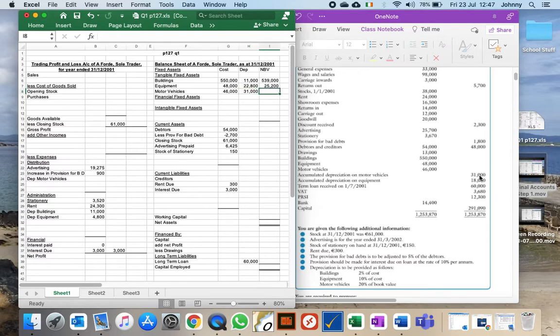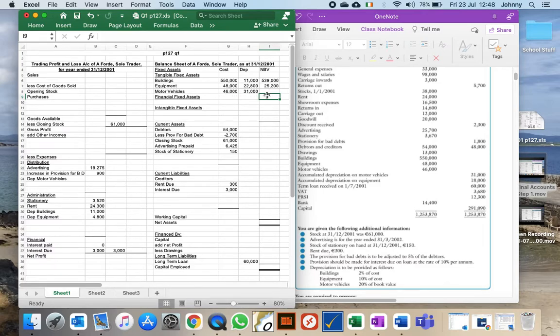Now, our depreciation on this is based on book value, so the depreciation expense is going to be not a percentage of what the thing costs, but the percentage of what the thing is worth at the end of this year, before we do our depreciation, okay? So, we've taken away 31 grand depreciation over all the years. We spent 46 grand buying it, so that means it's worth 15 grand.